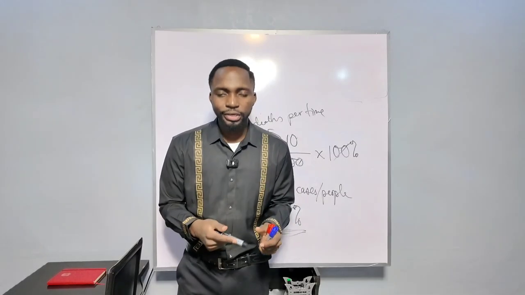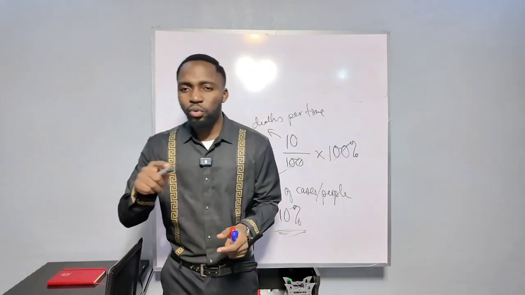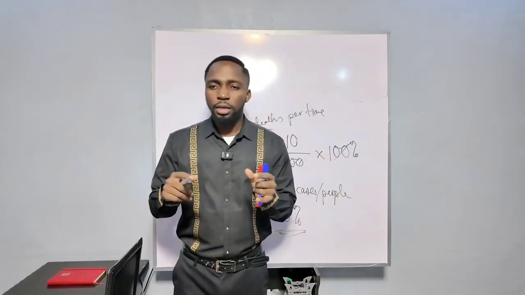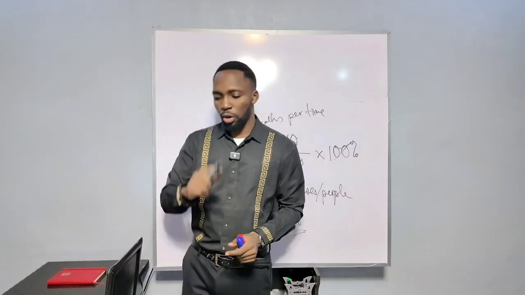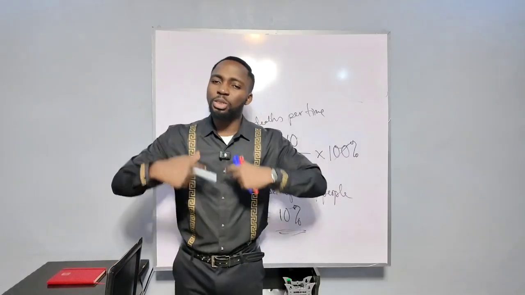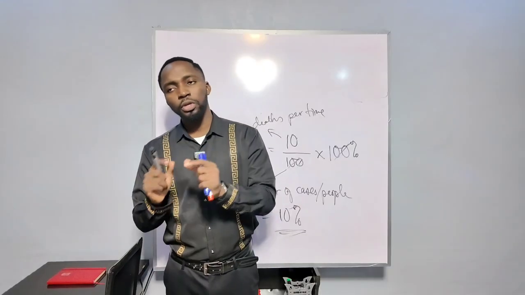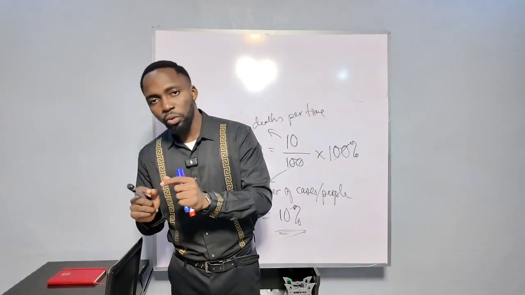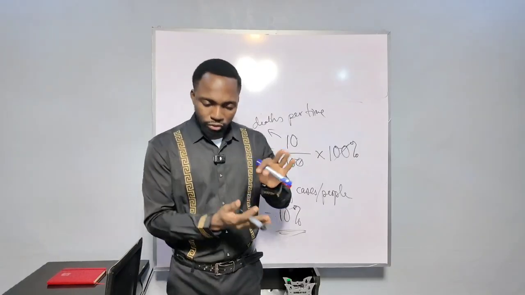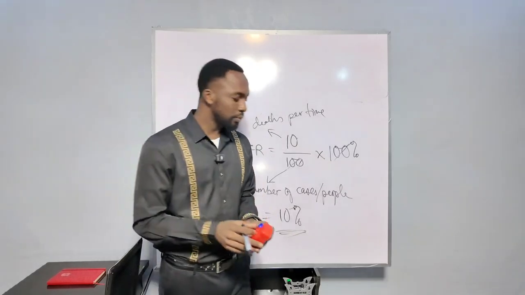So attack rate is equal to the number of new cases during the outbreak divided by the population at risk times 100%. Remember what I said? Attack rate is a special kind of incidence used during outbreaks, and it shows the proportion of people who become ill after exposure. So what that means is we have to take the number of new cases during that outbreak.